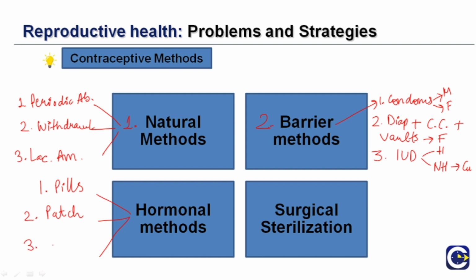And the third one that we saw were the implants or the injectables. And here we saw the Norplant, that are under the skin and they are highly potent.